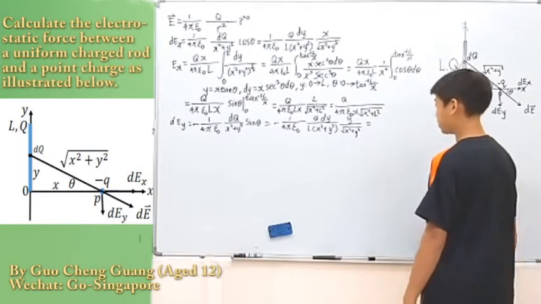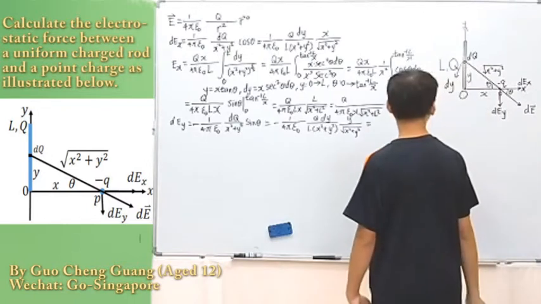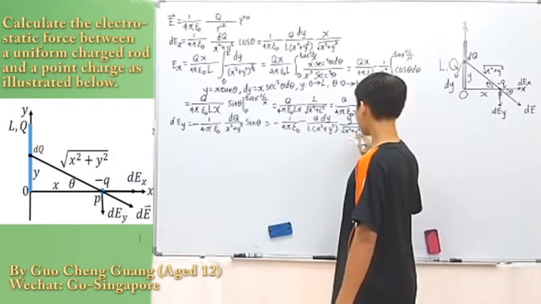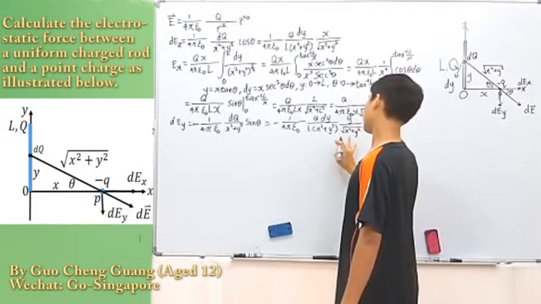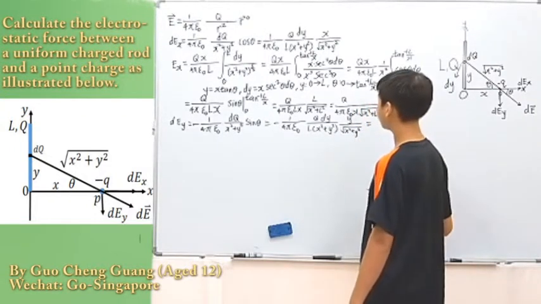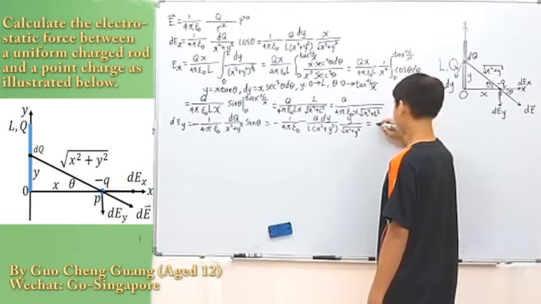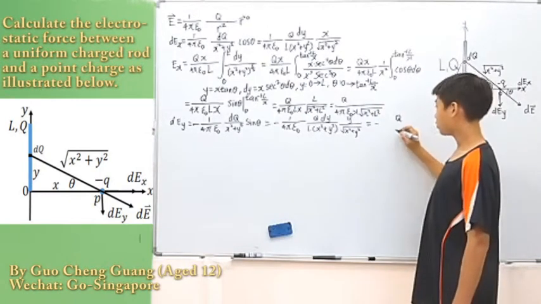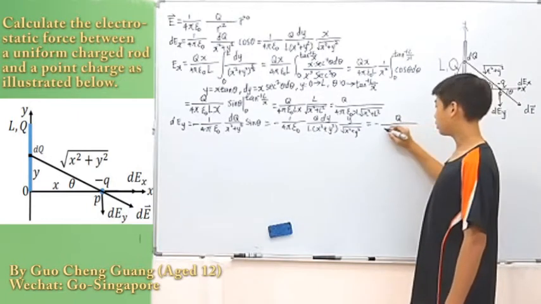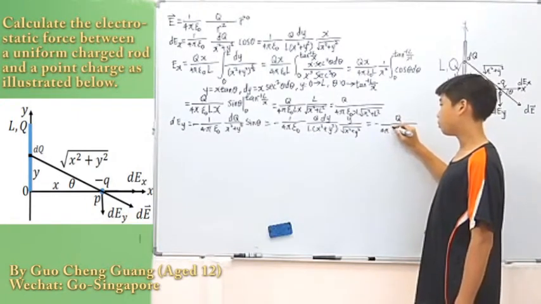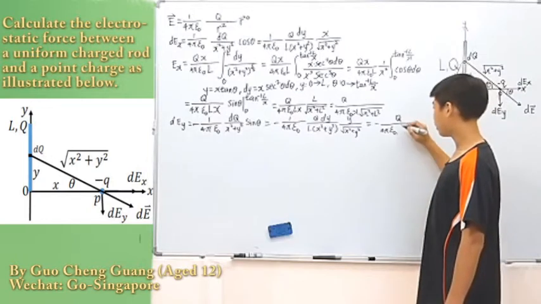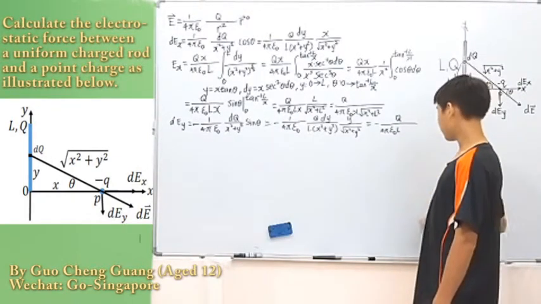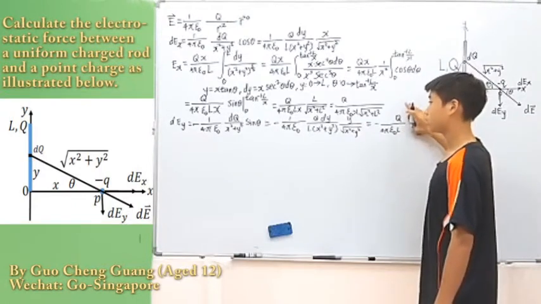Afterwards, you do have this part already, so you can combine them together. But don't forget the negative. You have Q over 4 pi epsilon naught L, okay, so I think this is what we have so far.